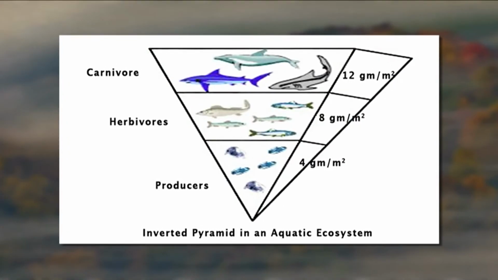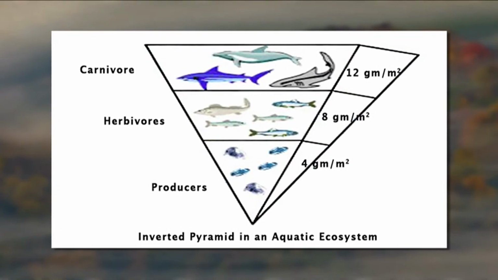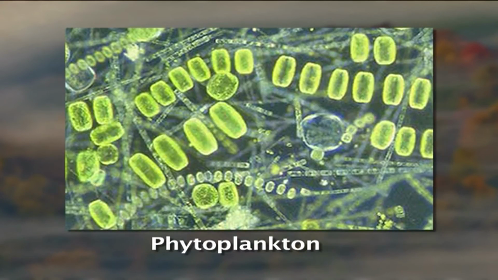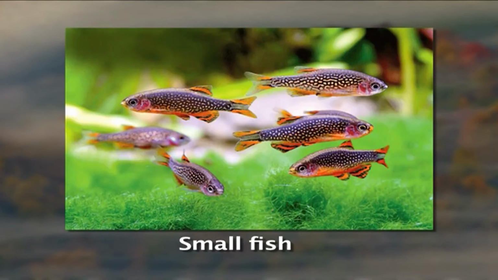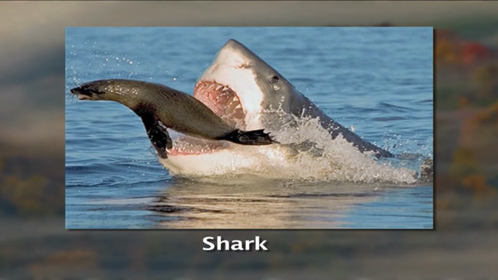However, in case of aquatic ecosystems, the pyramid of biomass is inverted, as the phytoplanktons, that is producers, have least biomass. The biomass of successive carnivores, small fishes and top carnivores, for example shark, is always more.